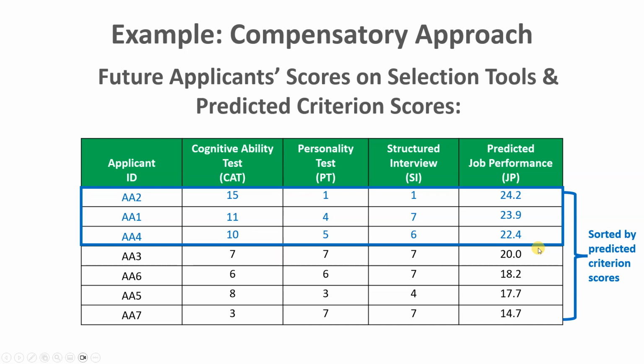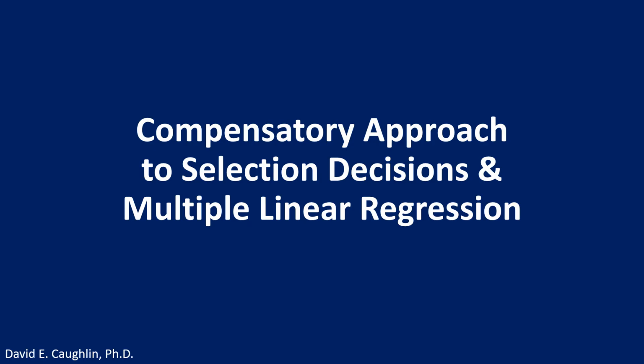So in this way, we were able to apply a compensatory approach based on a multiple linear regression model in order to inform the selection decisions here. So this wraps up the video on how we can apply multiple linear regression in order to make compensatory selection decisions.